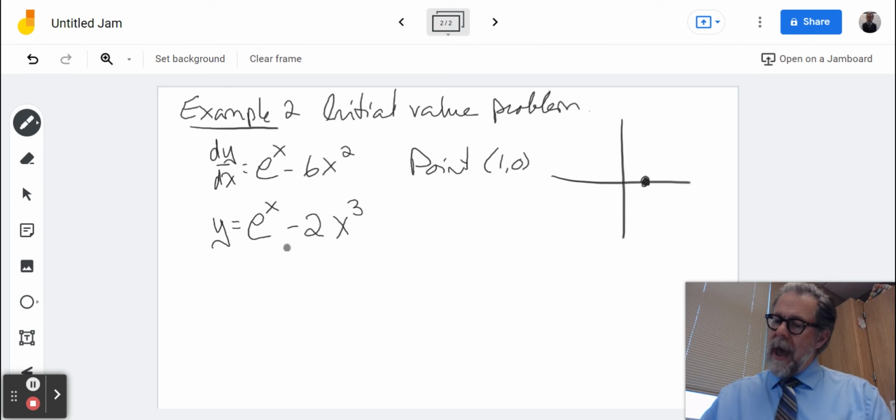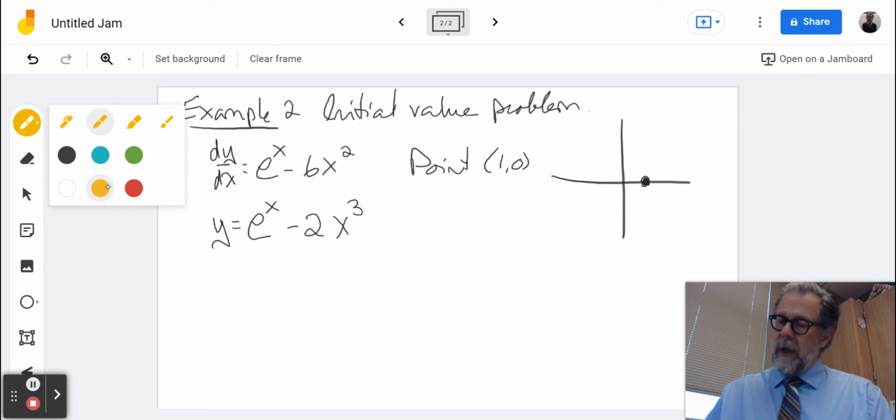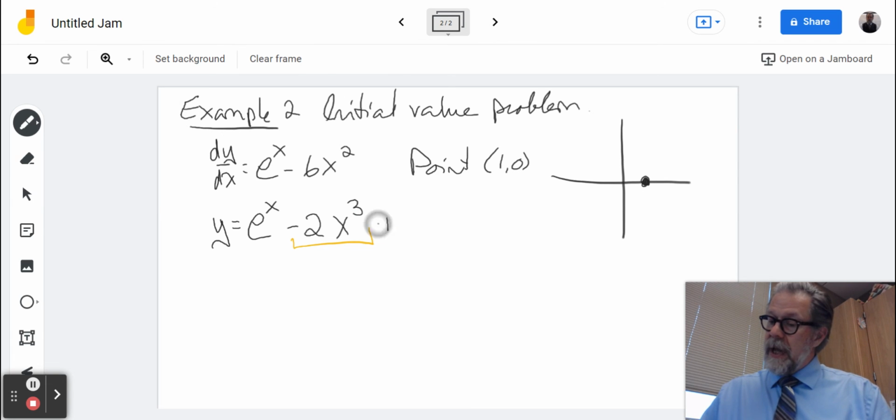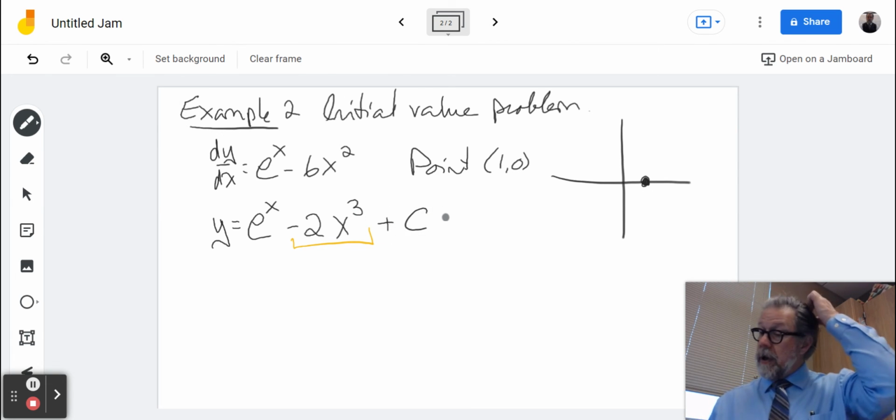It's a good habit to very quickly take the derivative in your head to make sure you got the right one. Pull down the 3, that's a 6. Reduce that by 1, that's a 2. Good, I've got the correct original function. Plus a constant, always plus a constant.